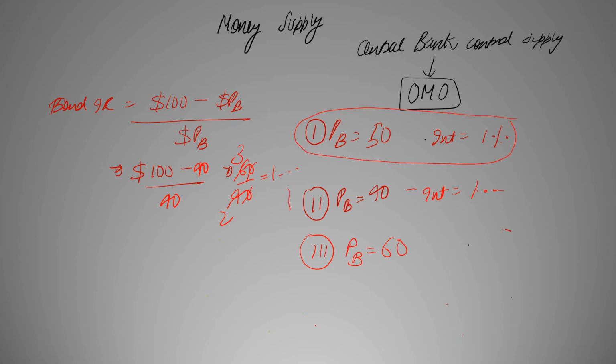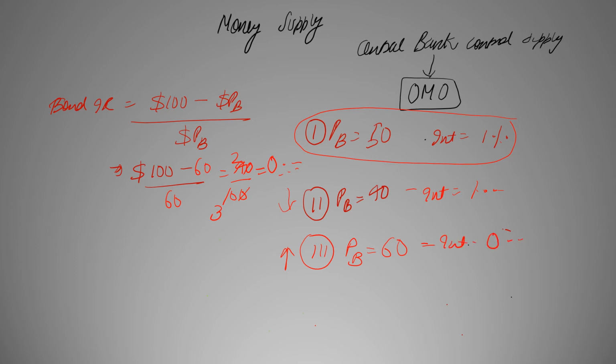So again, $100 minus 60 divided by 60 gives us 40 by 60, which is 2 by 3, which is 0 point something, right? Interest becomes 0 point something.